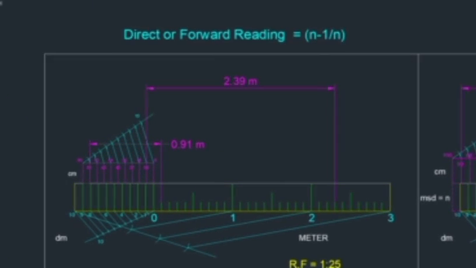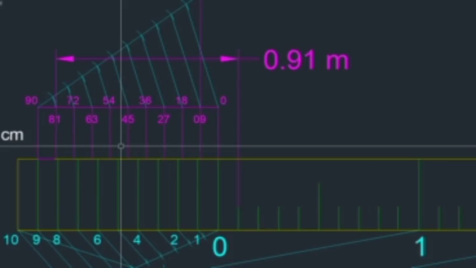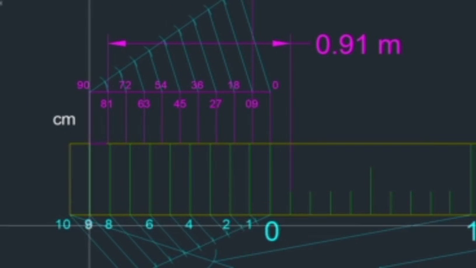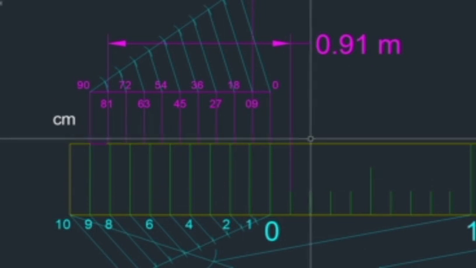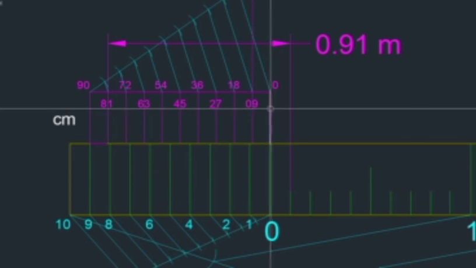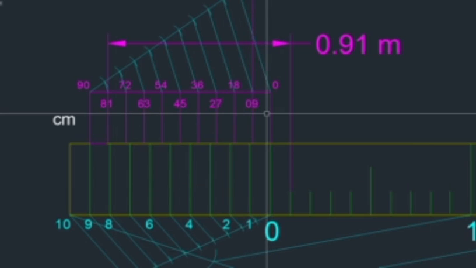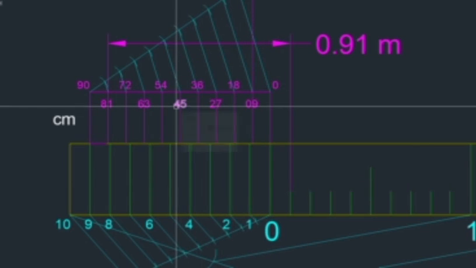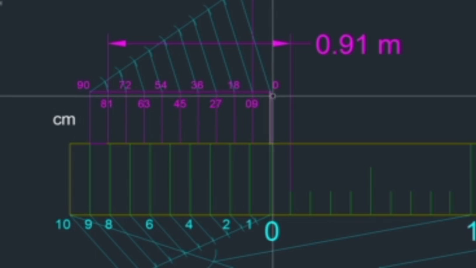Whereas in the direct reading, you have to get this. Here I am taking 9 divisions. This 9 division I am dividing into 10 equal parts, so that I will get 0.09, 0.18, 0.27, 0.36, 0.45. That is, this is the 90.